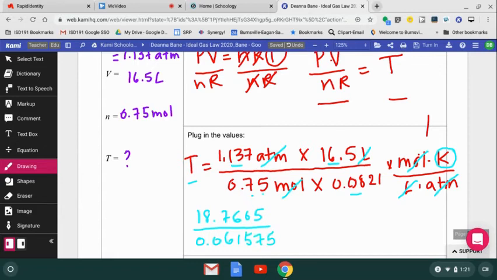Notice how I keep as many numbers as I can while I'm doing the math, and I'm not going to round until I get to the end. All right, so plugging that into the calculator is 304, and kelvins are the unit.